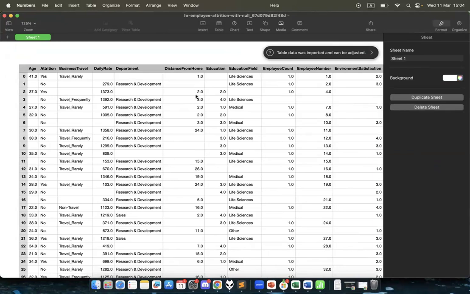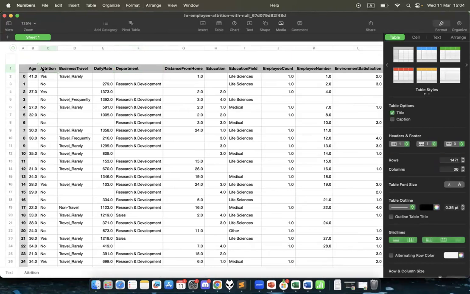So this is an attrition prediction data set, where you're going to predict whether an employee in a company is going to quit or not. Right, so this is for HR. HR has to track whether this person is unhappy.